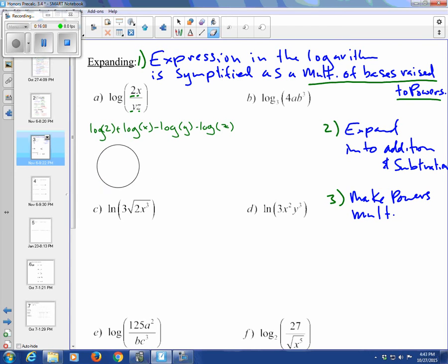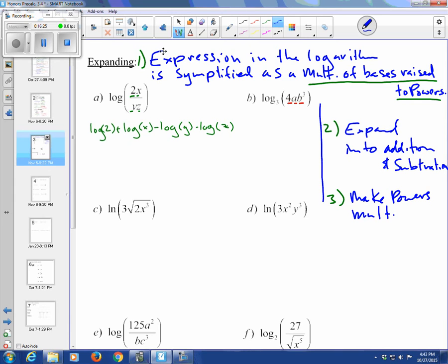Okay, so in this next expression, I've got three things that are being multiplied in the numerator, right? 4, a, and b right here. I don't have to simplify this. This is all multiplication of bases raised to powers.